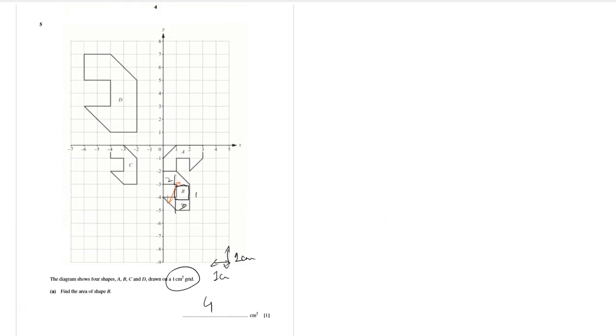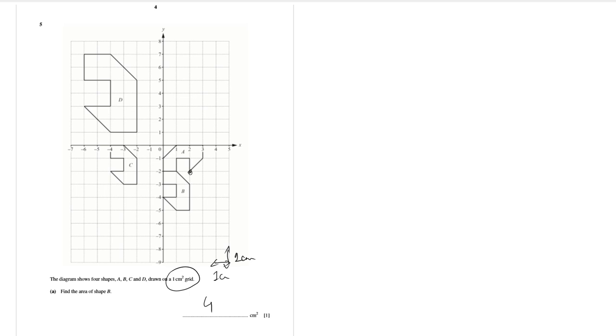Describe transformation A onto B. A onto B. So I think it has to be rotation. And how can we figure this out? Because there is no confusion between enlargement and translation. There is always confusion between rotation and reflection. So how to check this out? You can join any two same corners of the object and the image.